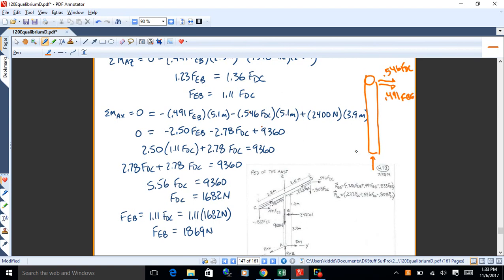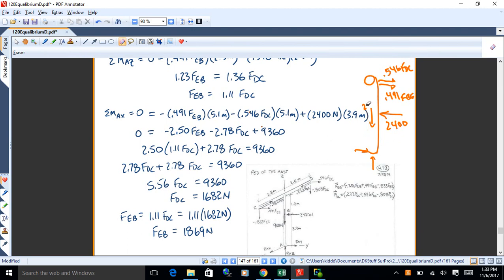And then we got all this stuff going down here on the bottom of the mast. And then we've got 2400 doing that. And we got a few other random things going on here, but we don't care so much about them. We've got that weight going straight down, but who cares about that? That doesn't really make any difference. It's not going to cause any sort of moment here.